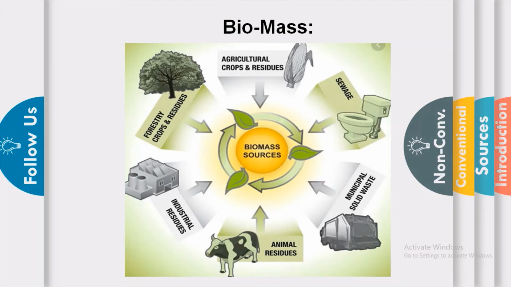Now if you burn wood in a limited supply of oxygen, then water and other volatile materials inside it get removed and charcoal is left behind as a residue. Charcoal is a better fuel than wood because it has higher heat generation efficiency.